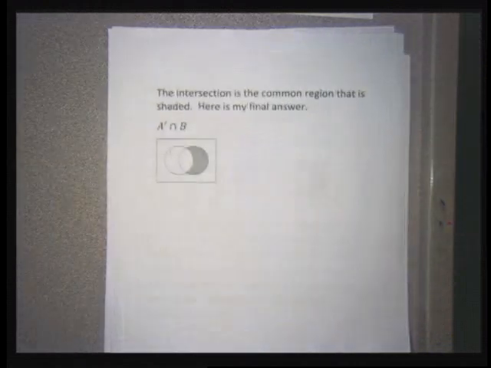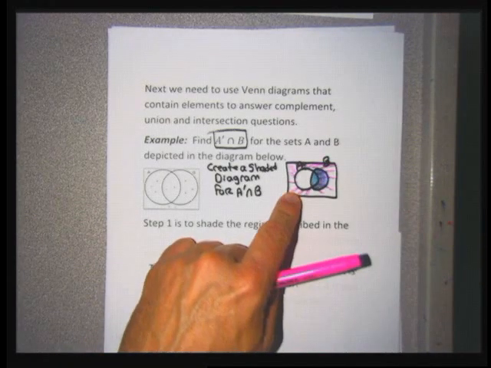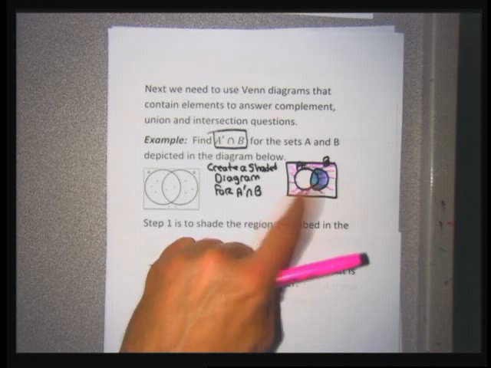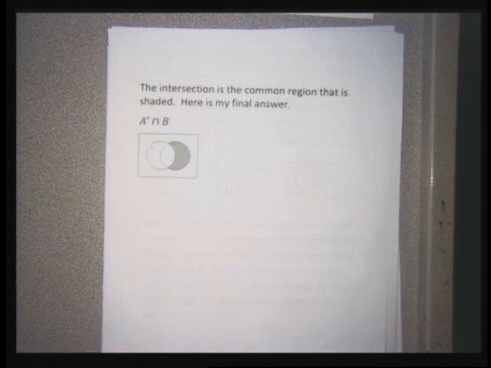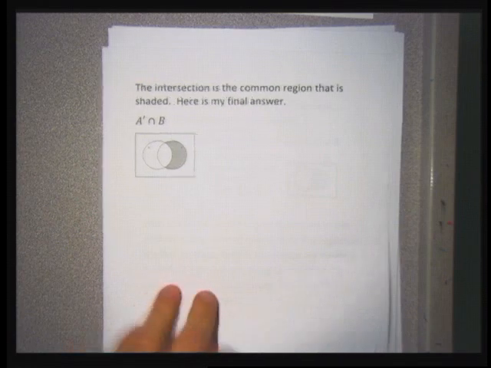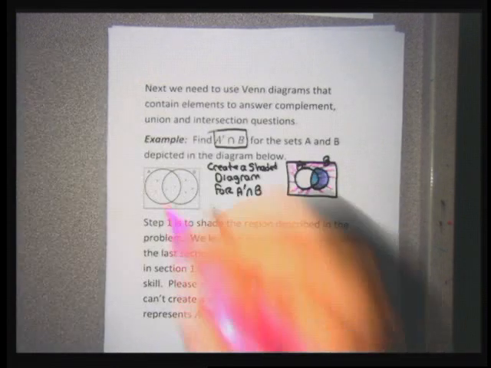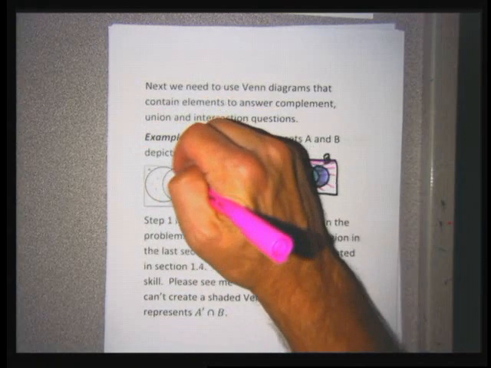This is A prime intersection B because it's the overlapping region between the pink A prime shading and the blue B shading. What I'm going to do to answer the problem is take this final shading and put it on the Venn diagram that I'm asked to find the set that it's describing for.